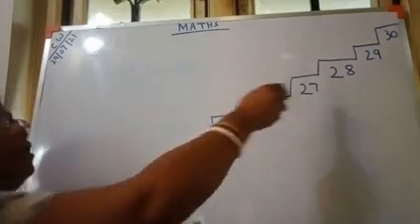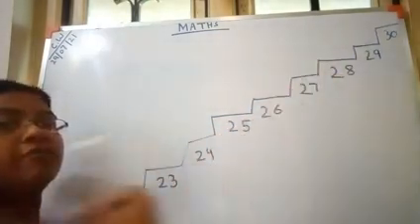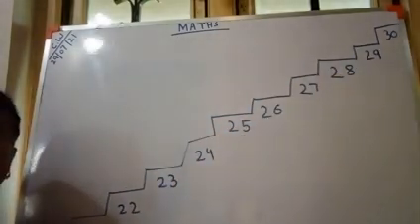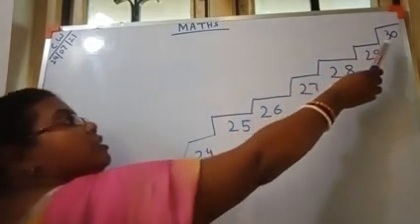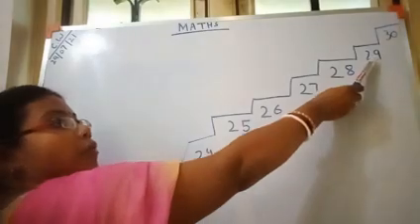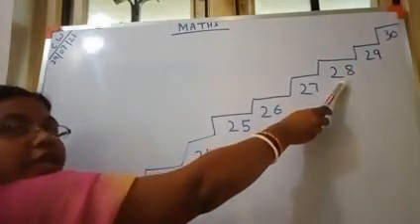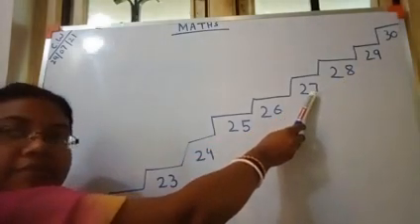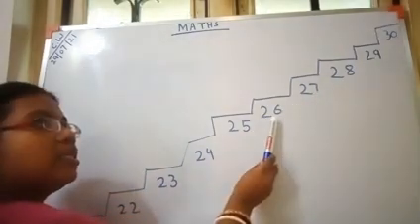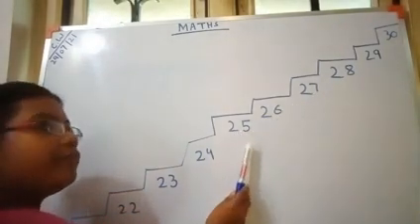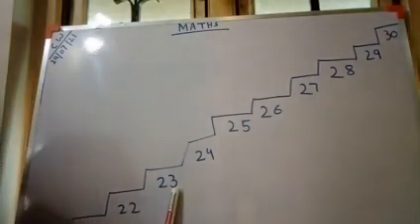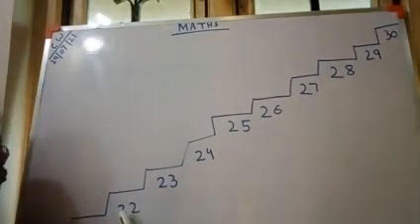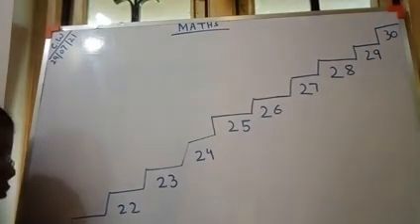Again you see, backwardly only, backward side. Count only from backward. 30, 29, 28, 27, 26, 25, 24, 23, 22, 21, 20.